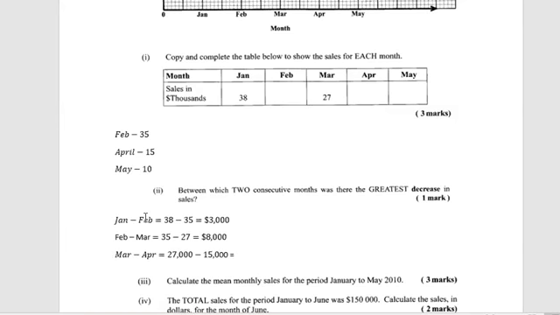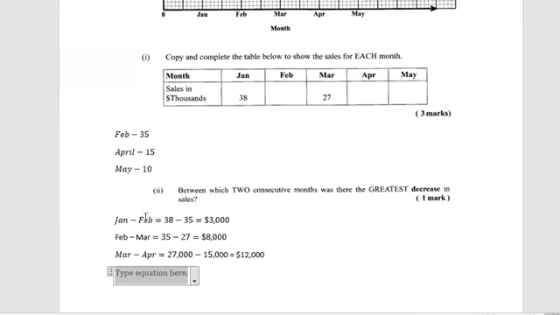So it decreased by $12,000. And then we have April to May, and April had recorded 15,000, and May is 10,000. So there was just a decrease of $5,000.